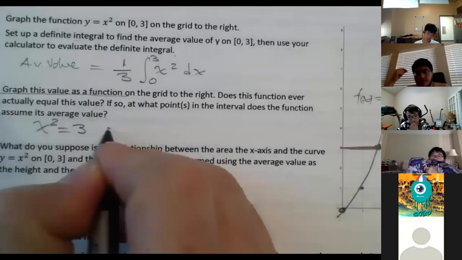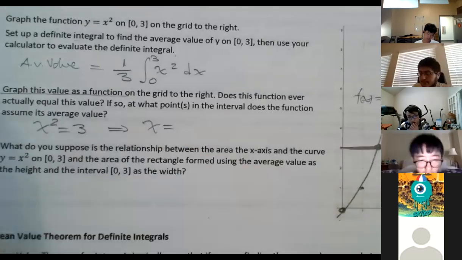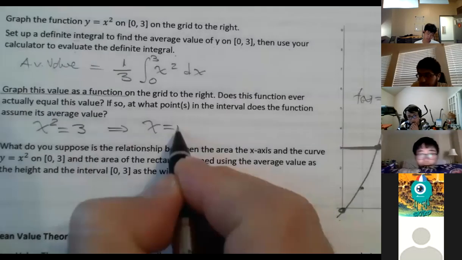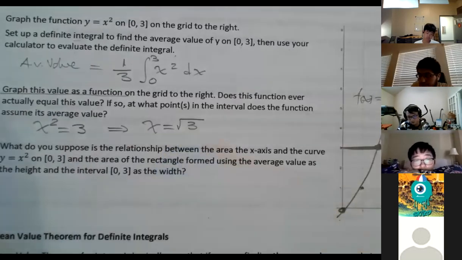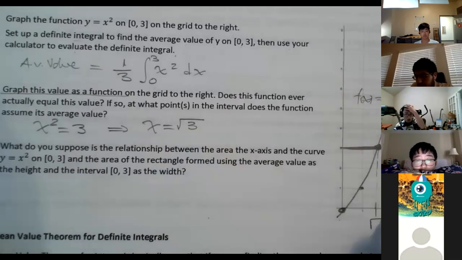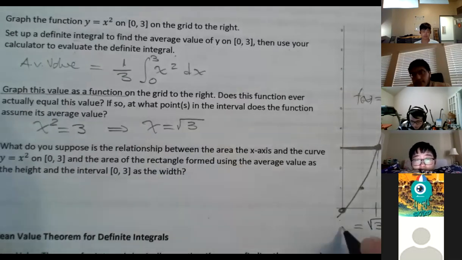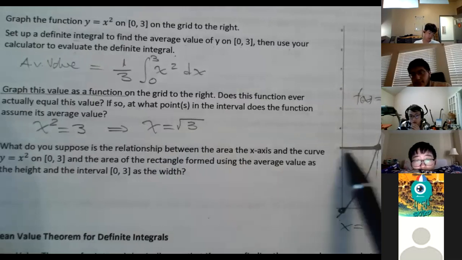So what should x be? Square root of 3, right? So look at what it says. So this value here, down here, is the square root of 3. That's the x value for which the function equals the average value.